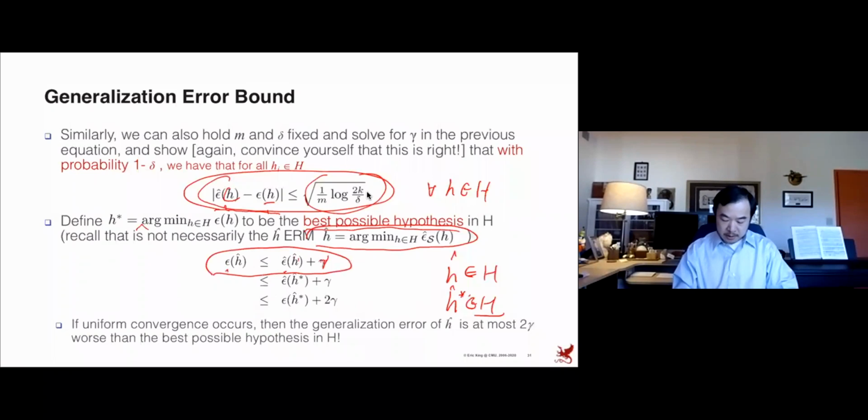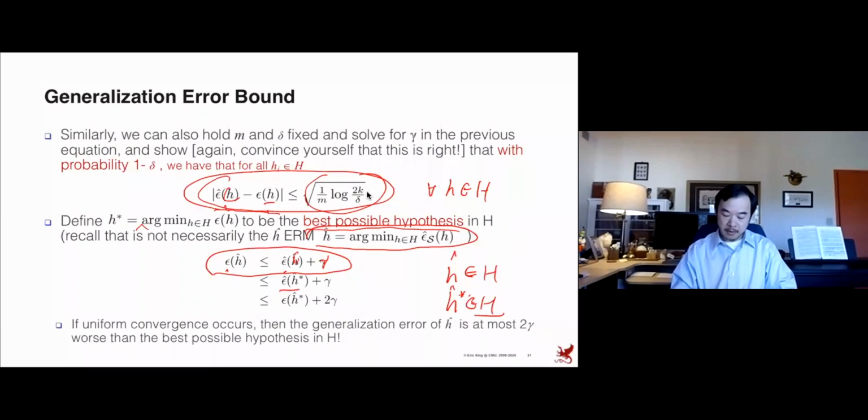But this one, the H hat, is guaranteed to be upper bounded by the best error that you can make, right? So there could be another H star in the version space, in the training data set, that can do even better than your current empirical risk minimizer.